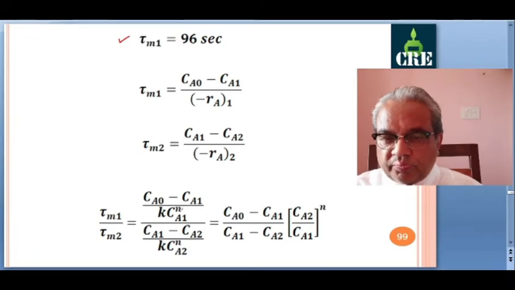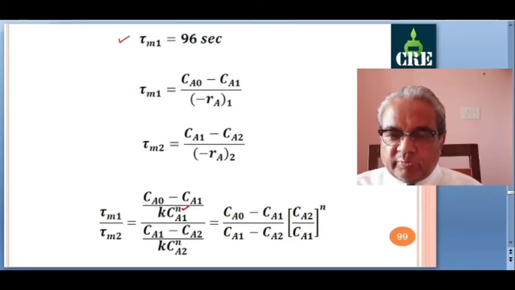n we don't know, so we are writing some nth order kinetics. Rate law is not given, nothing is mentioned about the order of the reaction. K Ca2 raised to n, so this I can write as Ca0 minus Ca1 by Ca1 minus Ca2 in the numerator, K will cancel out, Ca2 by Ca1 raised to n.